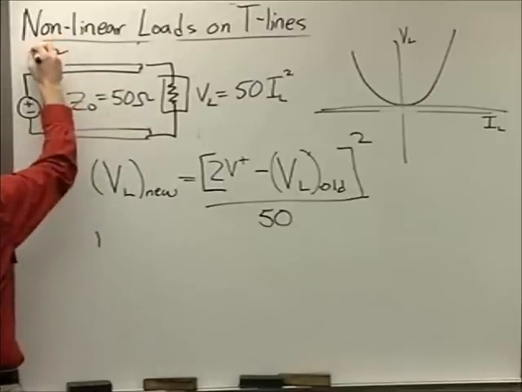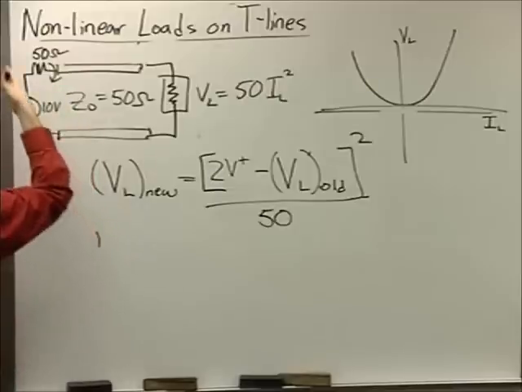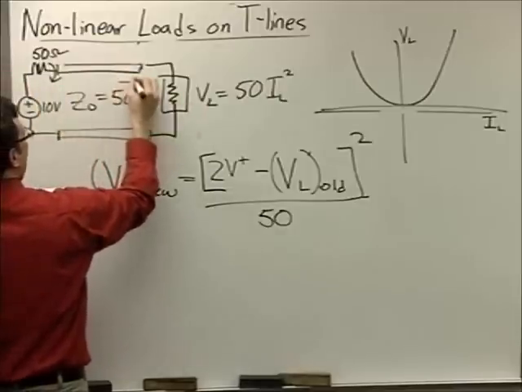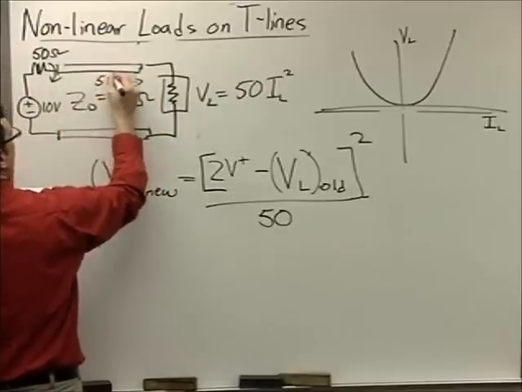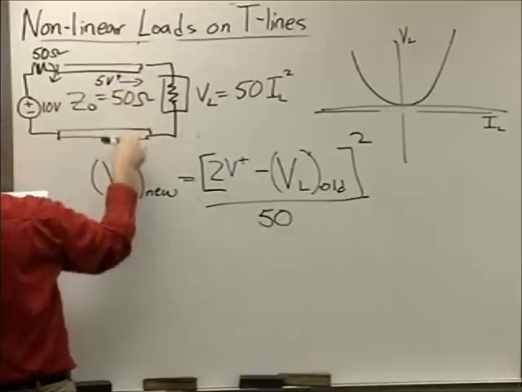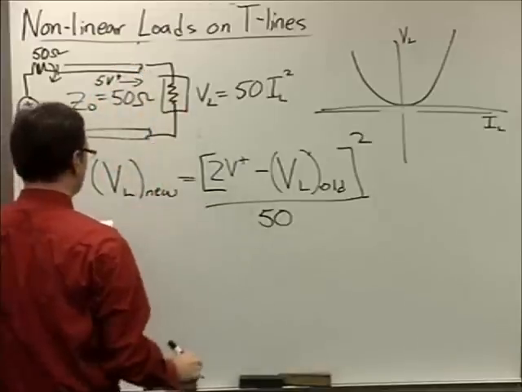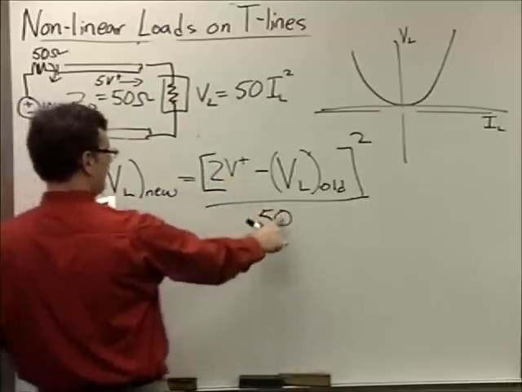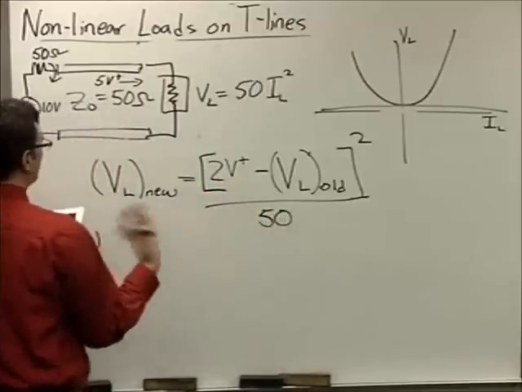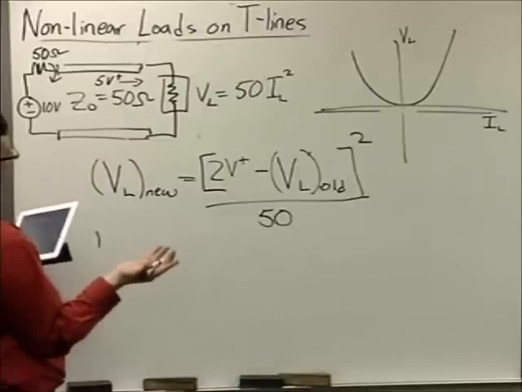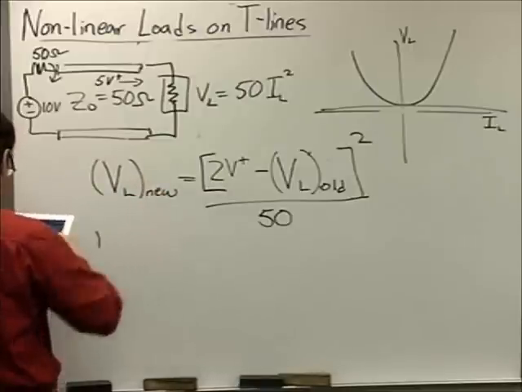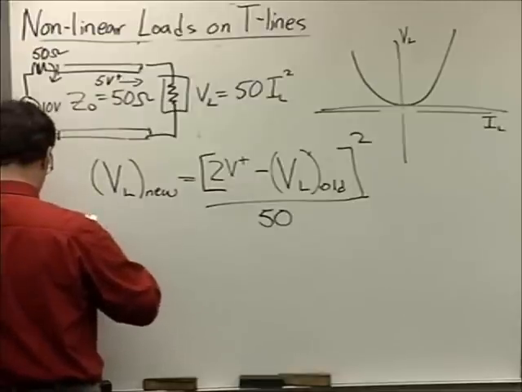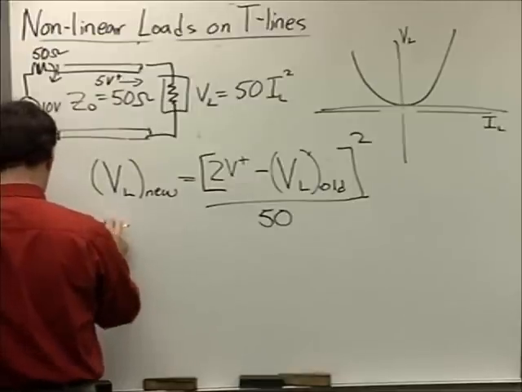I'm going to make that 50 ohms. So I send 5 volts down the line. I got 5 volts, voltage plus from top to bottom, going down to the end of the line. My V plus is going to be 5 volts. I got my 50 there. Well, I'm going to just guess a value. We'll see how good of a guesser I am.